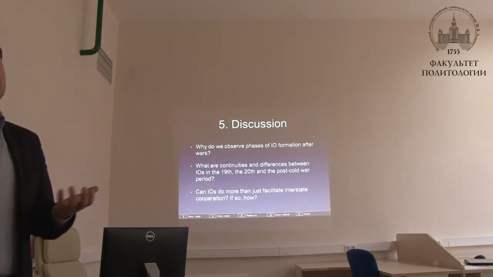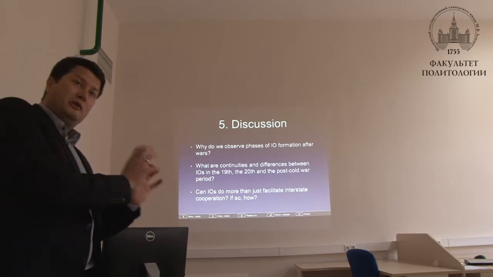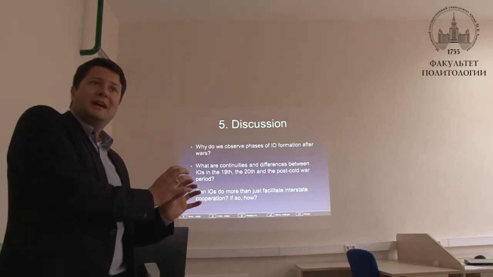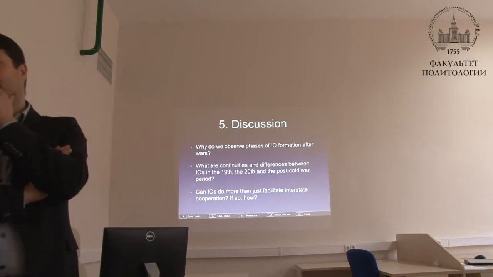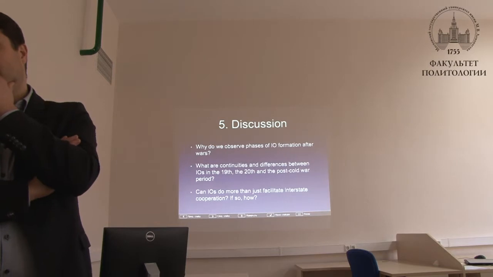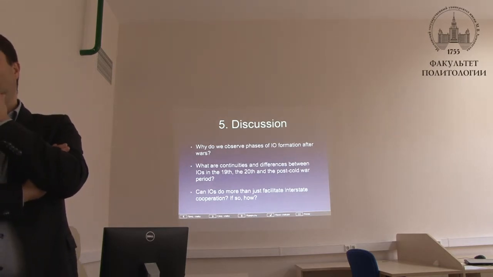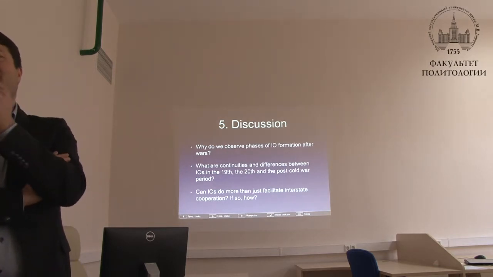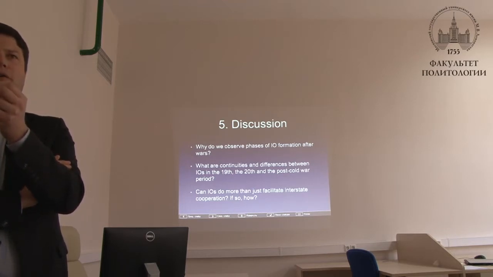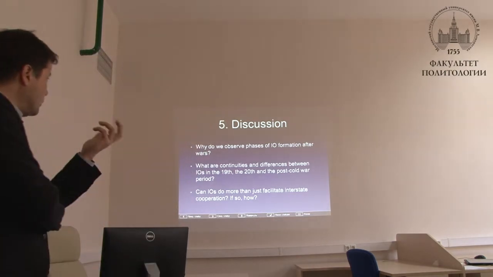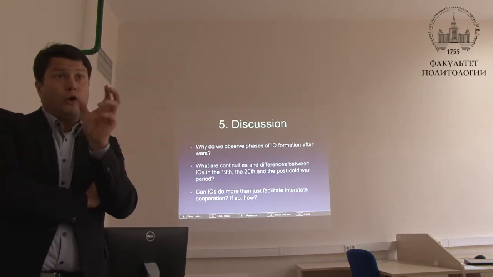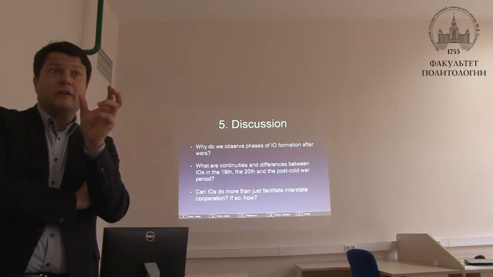Now you could say, well, the European Union is an exception because this is a really unique international organization. The European Union includes that you give some part of your sovereignty to the upper level. Exactly. I told you about this when we were talking about competences and authority of international organizations.